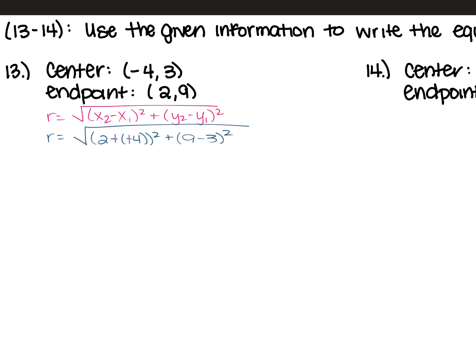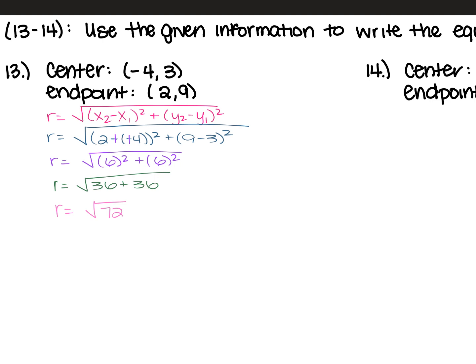The double negatives turn into positives. So that's the square root of 2 plus 4, which is 6 squared, plus 9 minus 3 is 6 squared. The 6 squared is 36. So we're doing 36 plus 36 underneath that radical. 36 plus 36 is 72. So we have the square root of 72 for our radius.